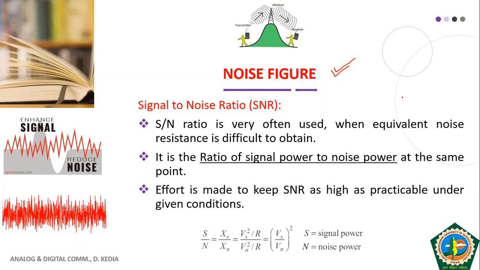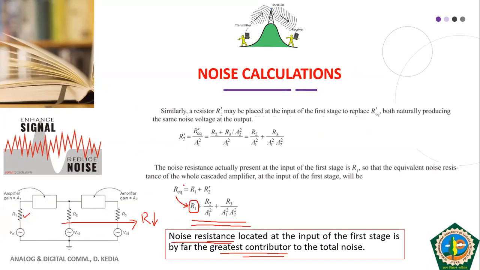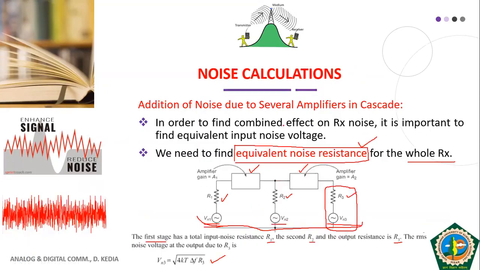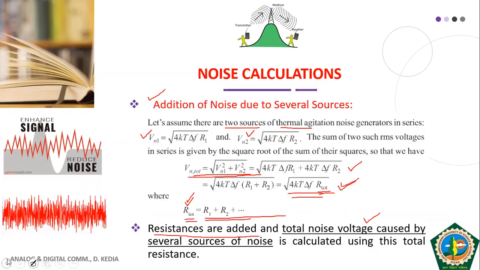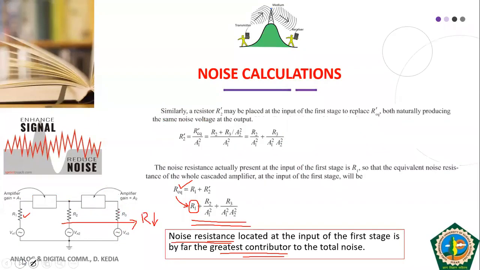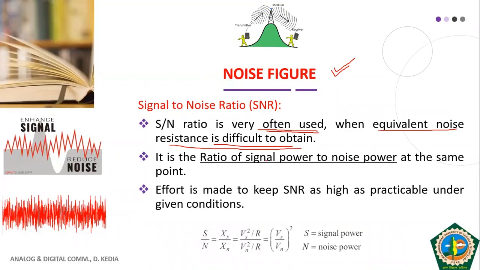This signal to noise ratio is very frequently used when equivalent noise resistance is difficult to obtain. In the previous two methods, we obtained equivalent noise resistances, whether it was amplifiers in cascade or several noise sources present. Where the equivalent noise resistance is difficult to obtain, we use SNR.